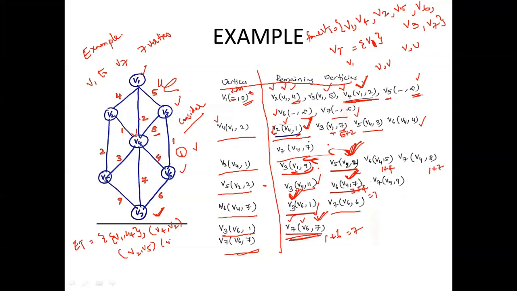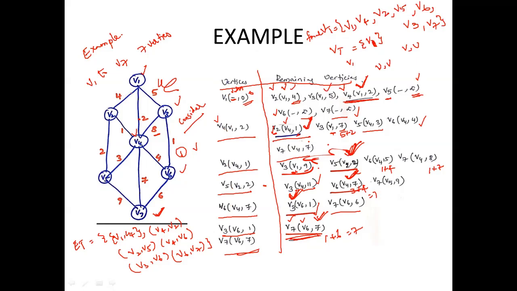And then we have V4 to V6. This is one edge we consider. And then V3 to V6. This is another edge we consider. And then we have V6, V7. These are the edges we consider, like 1, 2, 3, 4, 5, and 6.